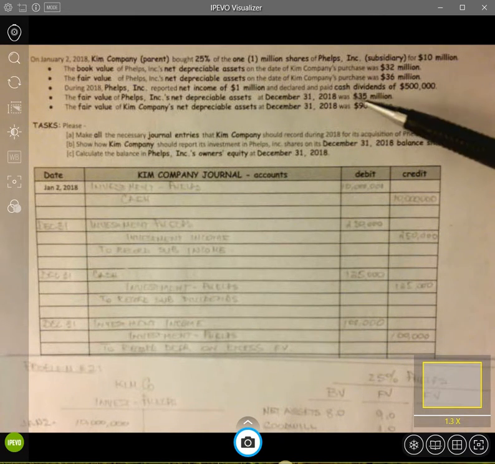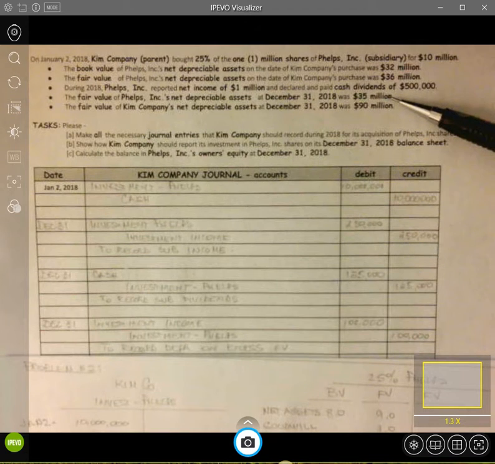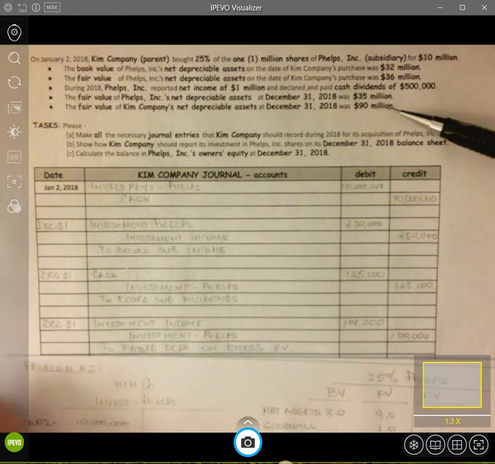At the end of 2018, the fair value of Phelps Inc.'s net depreciable assets was $35 million, and the fair value of parent Kim Company's net depreciable assets was $90 million.